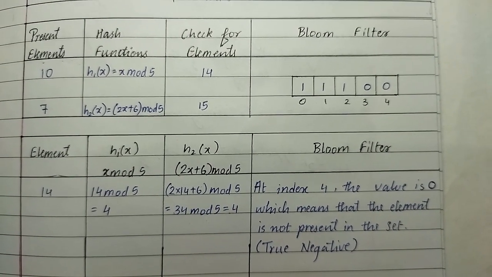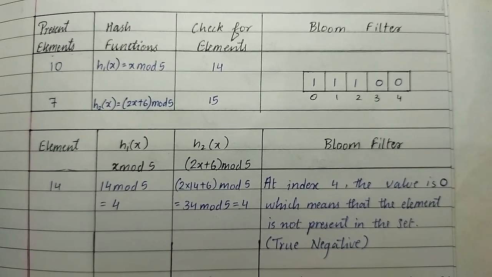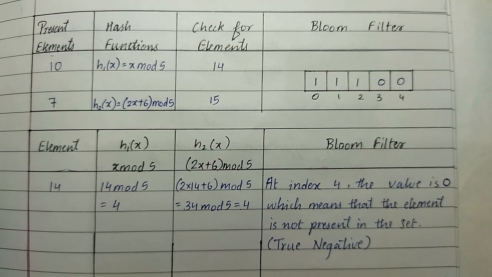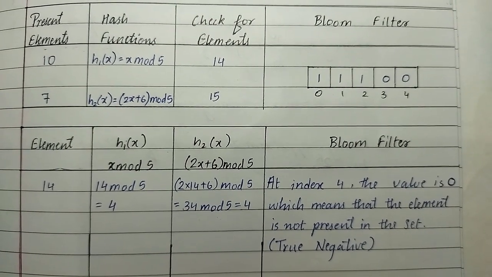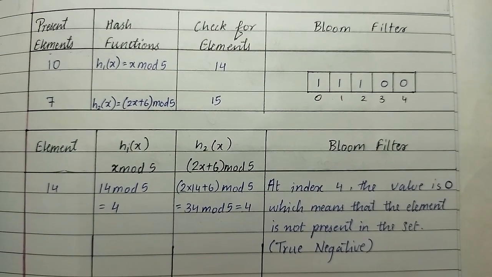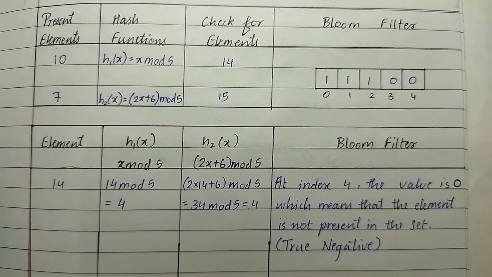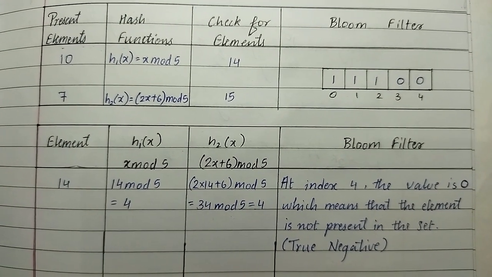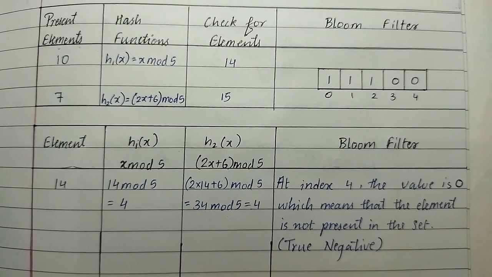It means we need to check their presence in the Bloom filter, and here is the updated Bloom filter. Now we will check the presence of elements 14 and 15 in the Bloom filter. So we will create another table for that, and this will have 4 rows: element, hash function 1, hash function 2, and Bloom filter.